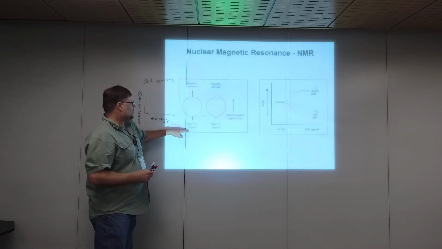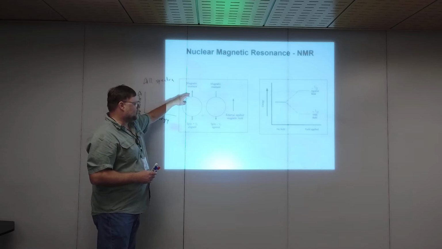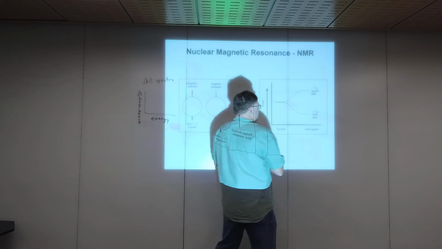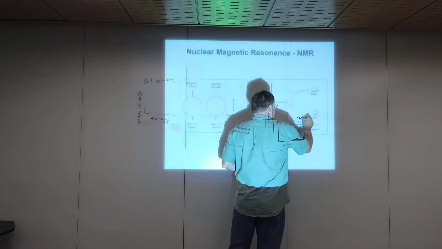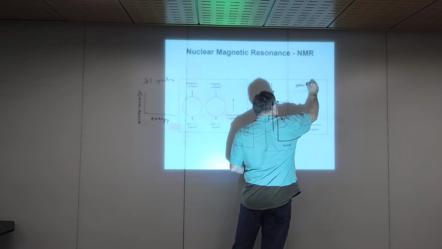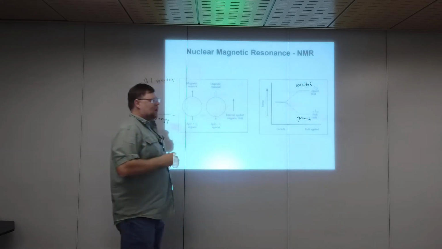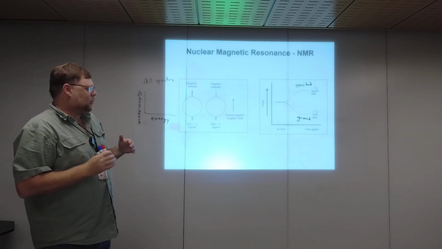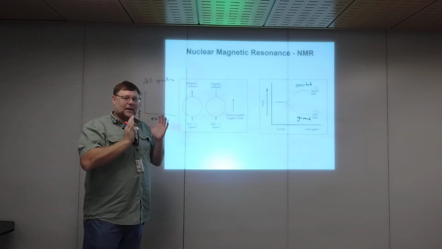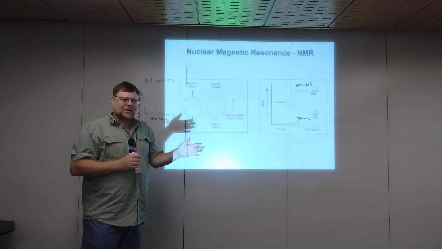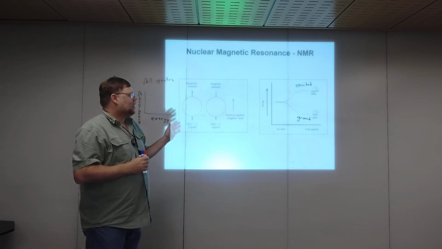So, spin aligned is our ground state. Spin against is our excited state. I talked about these in the intro to spectroscopy. To do spectroscopy, you always need a ground and an excited state. All right? If I expose a magnet to a magnetic field, the magnet's going to want to line up with that field.